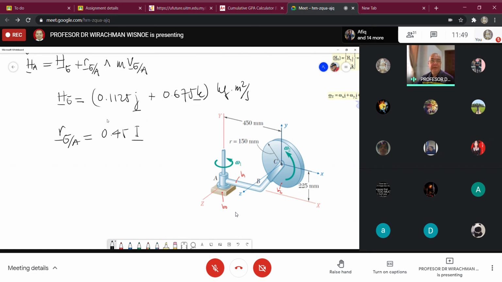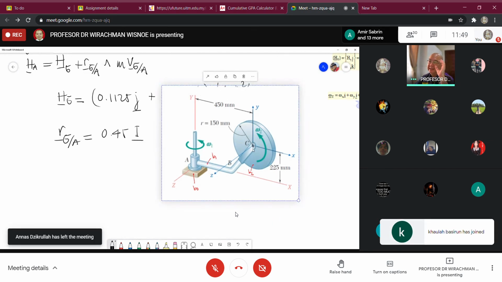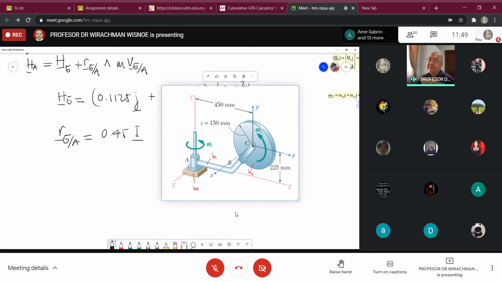G is a point. The point can be anywhere. So like this one, C. This G is C, right? In this case, C is on the disk, and is also on the frame. If you say C is on the disk, C is in the moving axis. If you say C is on the frame, C is in the fixed axis, but both are the same.